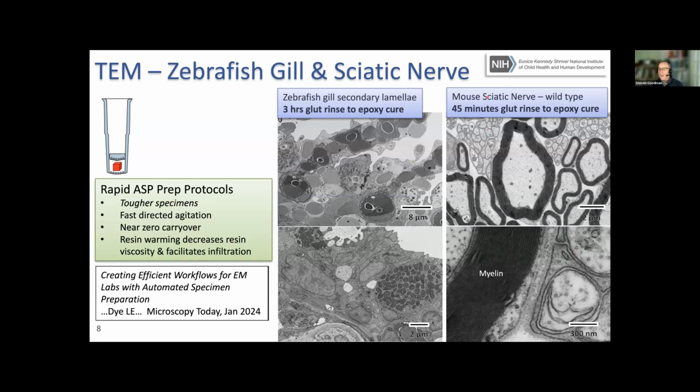And one can do that with relatively tough specimens, and the myosiatic nerve is sufficiently tough by using the fast-directed agitation, the near-zero carryover, and slow warming of the resin to decrease viscosity and facilitate its infiltration. And I'll try to show where these applications are published in most of these slides here. And this was published in Microscopy Today just a couple months ago here.